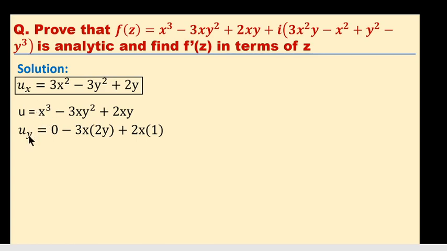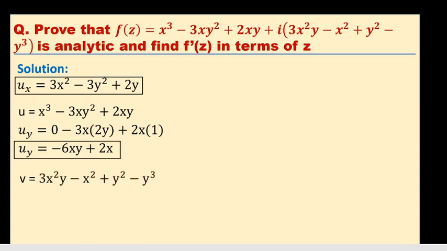So, when we differentiate it with respect to y, the derivative of this is 0, minus 3 remains as it is, x remains as it is, derivative of y square is 2y, plus 2 remains as it is, x remains as it is, derivative of y is 1. This on simplifying we get uy equal to minus 6xy plus 2x. So, this is derivative of u with respect to y.